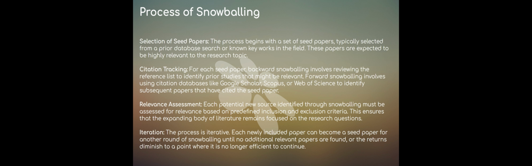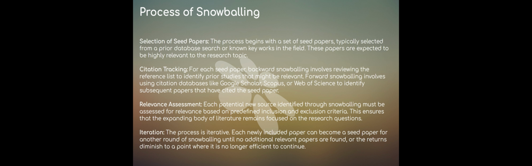For each seed paper, backward snowballing involves reviewing the reference list to identify parallel studies that might be relevant. Forward snowballing involves using citation databases like Google Scholar or Web of Science to identify subsequent papers that have cited the seed paper.